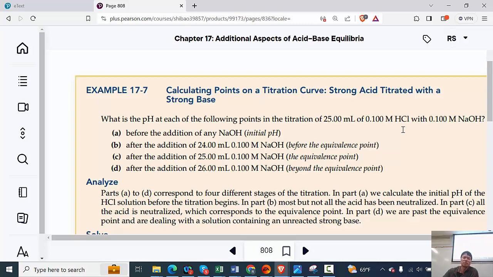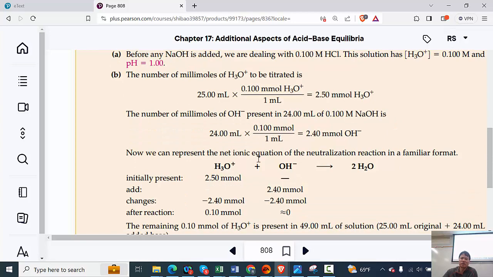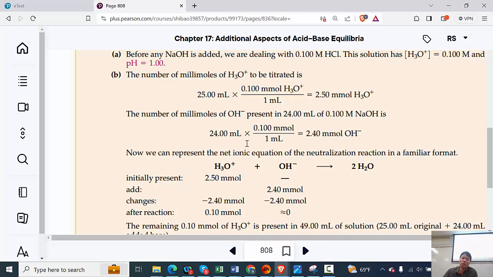And so what we could do is we could do some different volumes. You can see these volumes here. Now, the way the book does it is they don't do solution dilution till the very end. Instead, what they do is they do moles. In fact, rather than using moles, which would be 0.0025, they use millimoles. So they take the moles and multiply by 1,000.